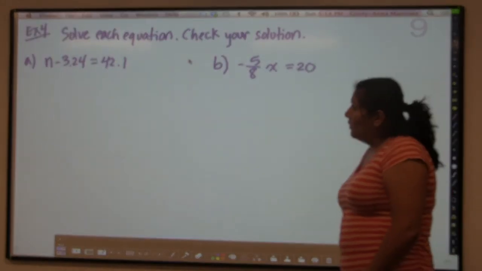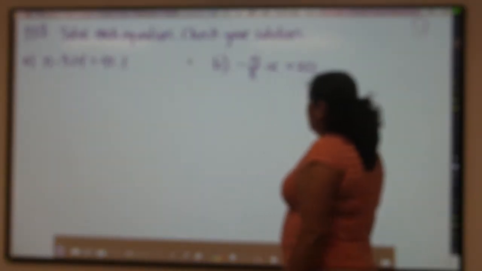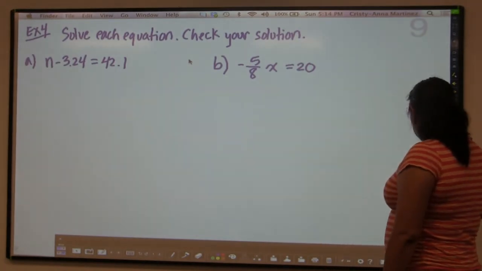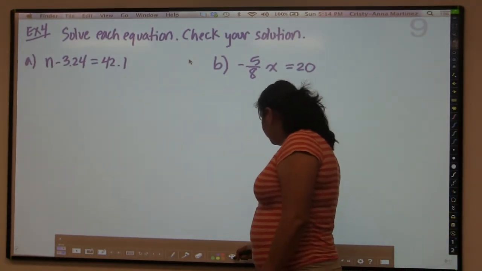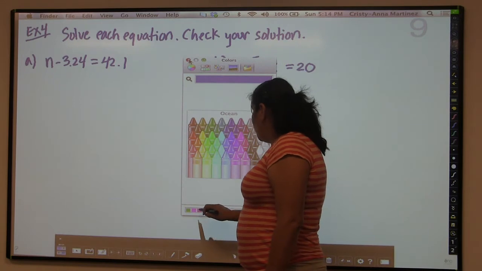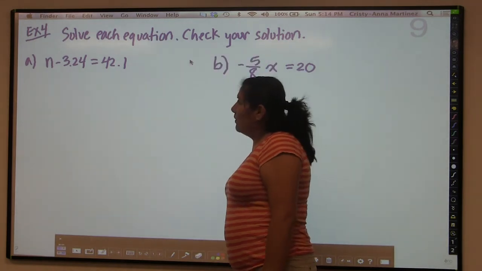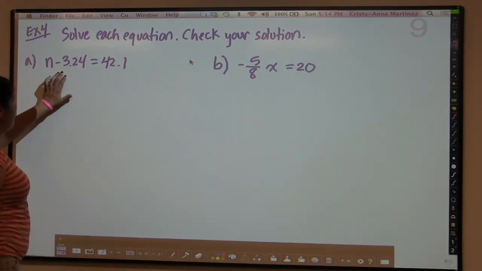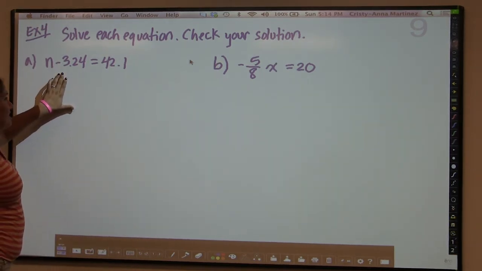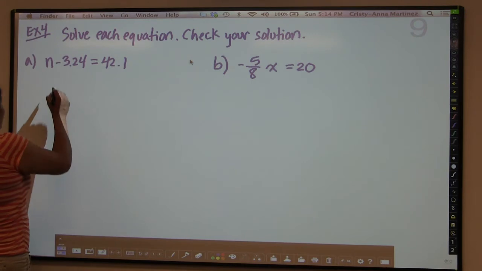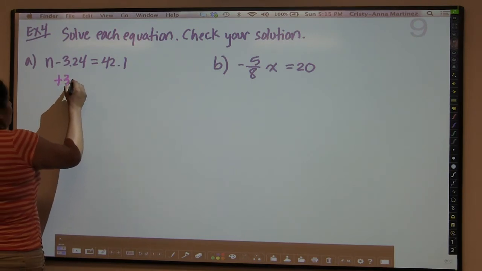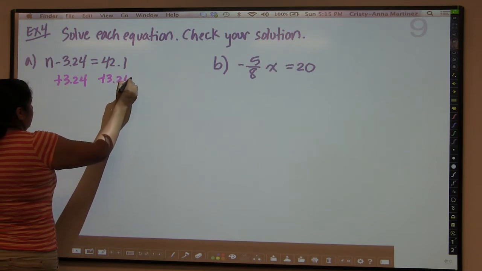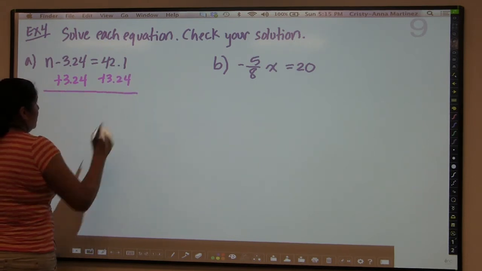In example 4, we want to solve this equation. These are one-step equations. We also have multi-step equations, but right now we're going to get started with one step, just trying to warm you up to solving equations again. Because we have a minus 3.24, we're going to use the addition property of equality, which says that we can add the same value to both sides, and we will still maintain equality.